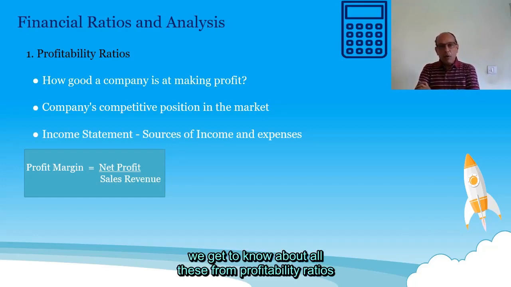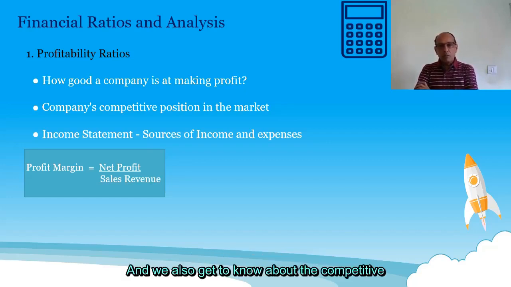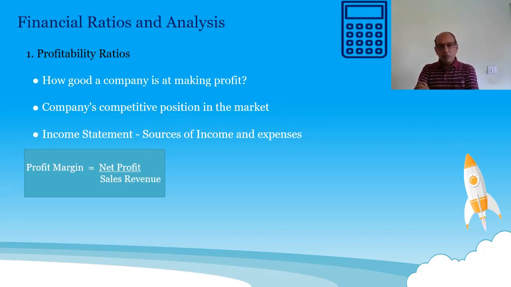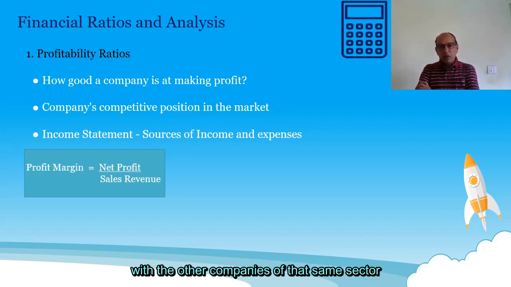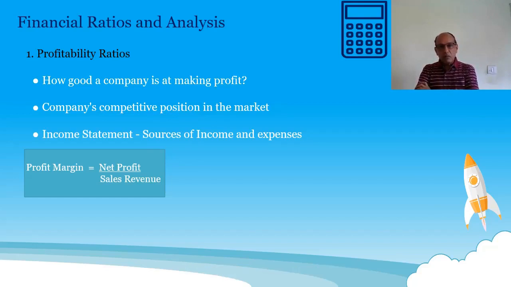We get to know about all these from profitability ratios. And we also get to know about the competitive position of the company in the market. If we compare it with other companies of the same sector, we get to know how good its profit margins are and how fast it turns around.